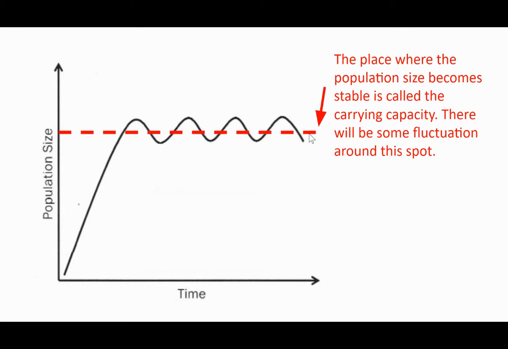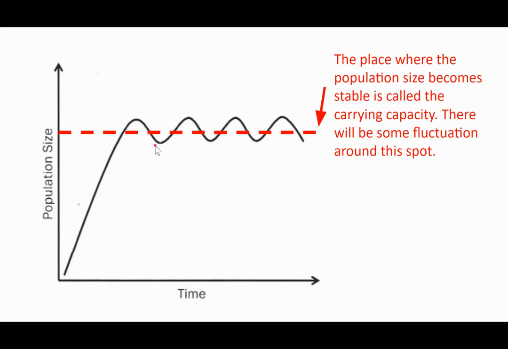We can see that there's some fluctuation above and below the carrying capacity, but we do not see where this population is continuously exceeding carrying capacity, right? They are not experiencing exponential growth, but there's maybe one generation where they're above, and then it looks like maybe 2 or 3 generations where they're coming down below carrying capacity.